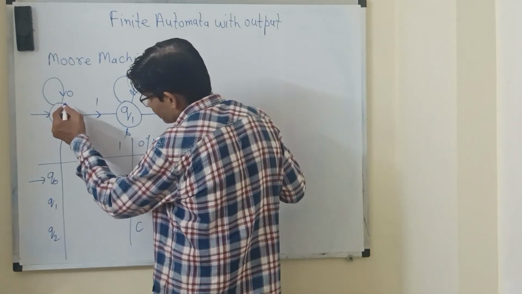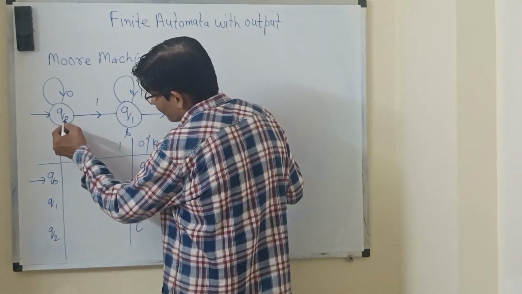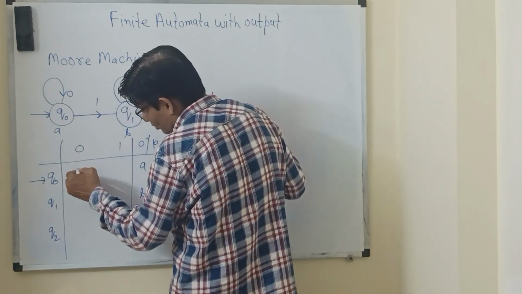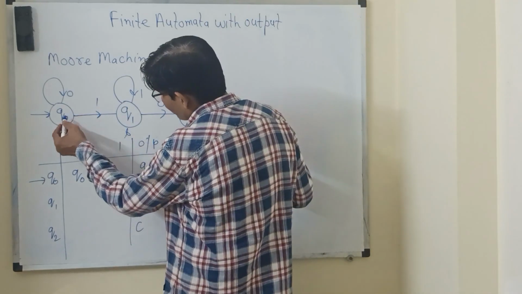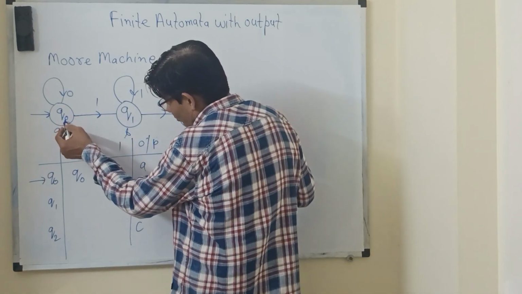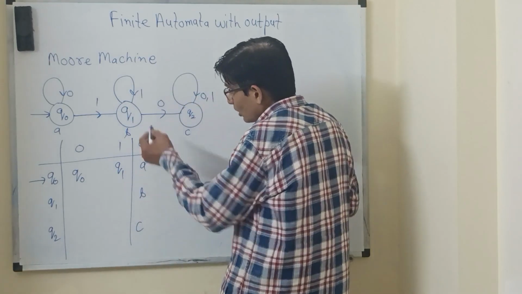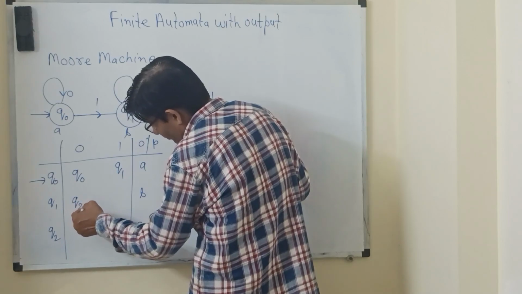Now I will write the transitions. On Q0, if we get 0, we stay on Q0. On Q0, if we get 1, we move to Q1. On Q1, if we get 0, we move to Q2.